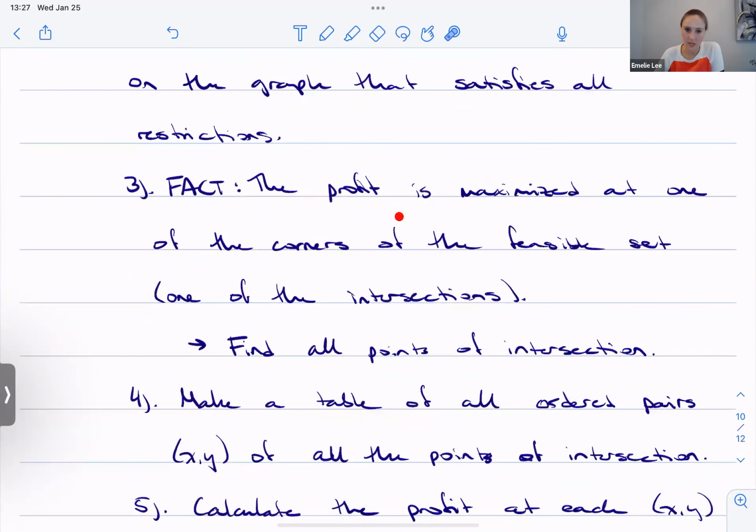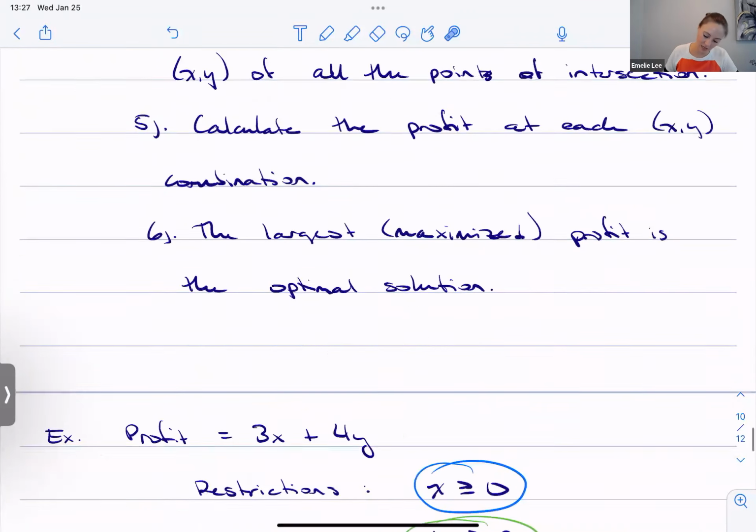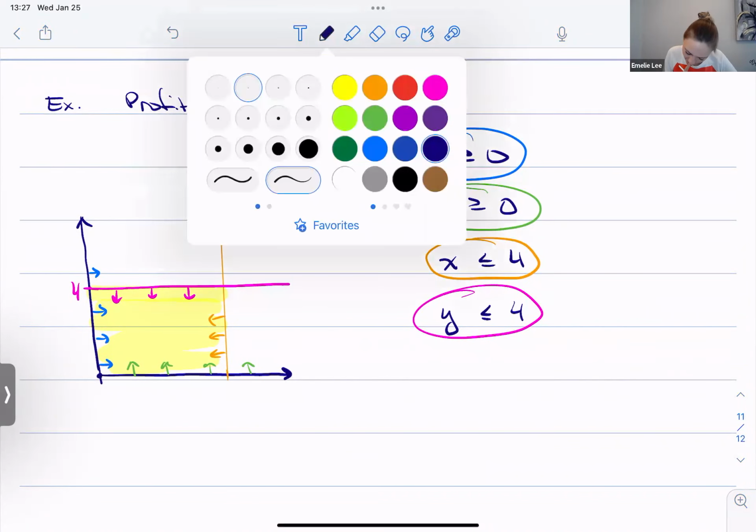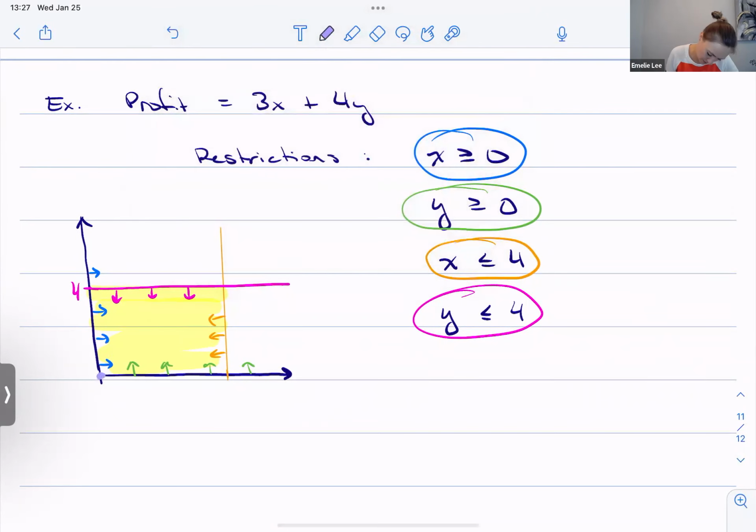So then we said, okay, the profit is maximized at one of the corners of the feasible set, which means I have to find what those corners are. In this case, it's just a rectangle. Here I'm at 0, 0.